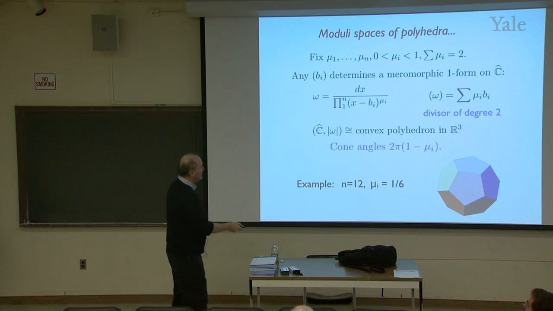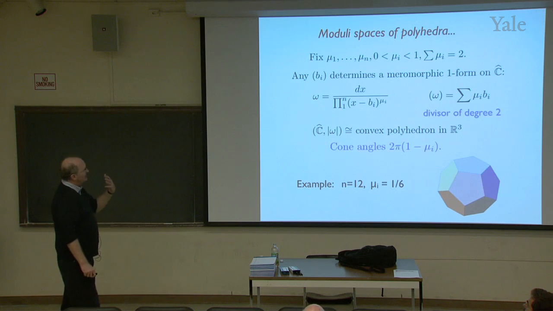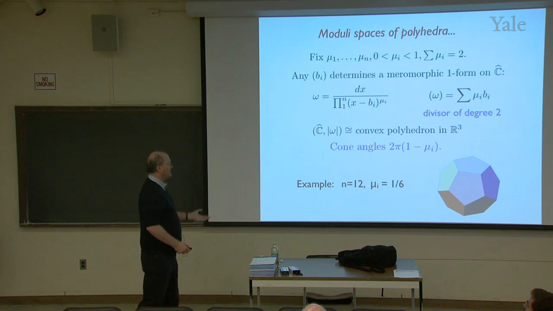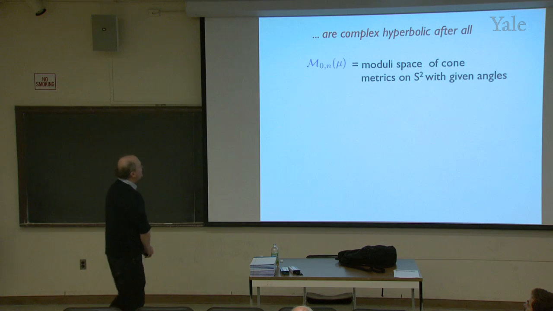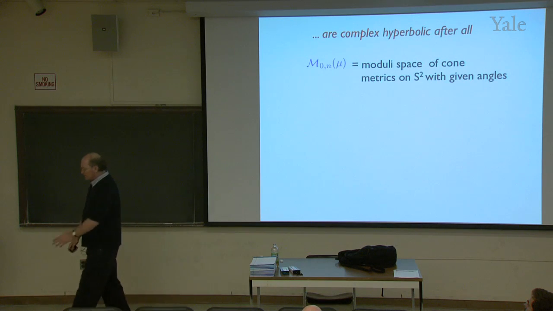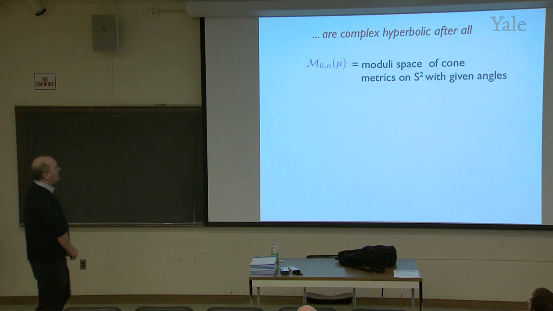And if you do it just right, you can keep the cone angles the same. And that's what this moduli space is now parameterizing. It's a moduli space of polyhedra. And oddly enough, when you add this perspective to moduli space, it becomes a complex hyperbolic manifold after all.